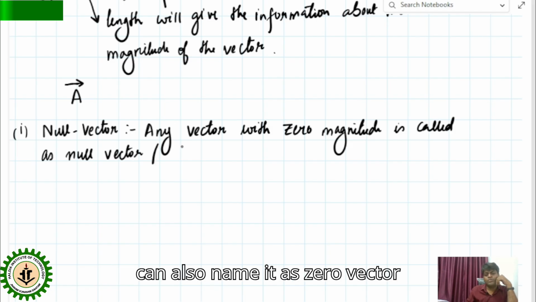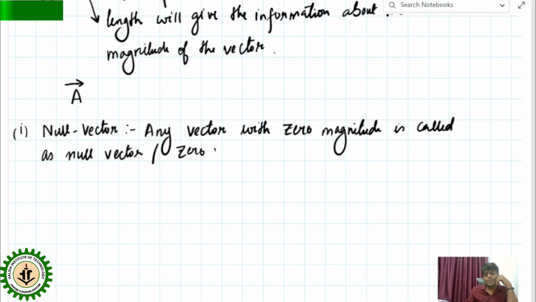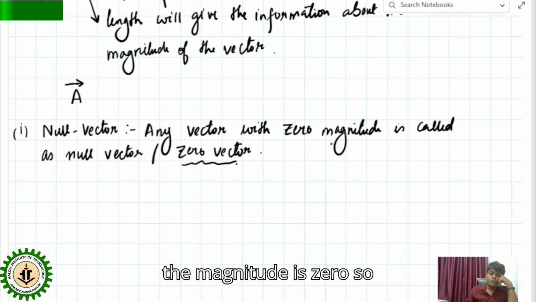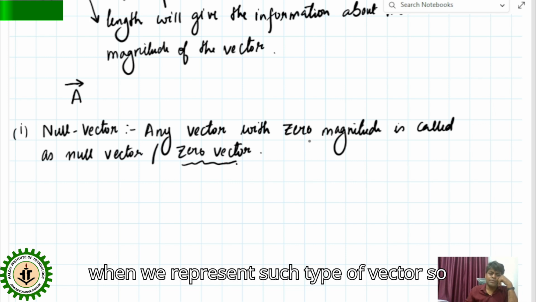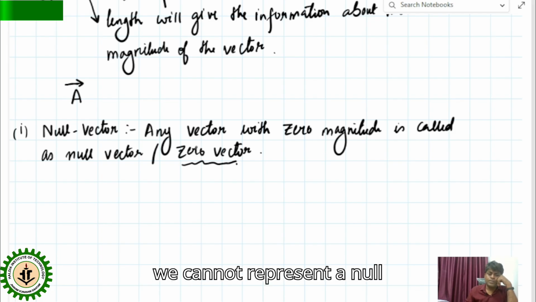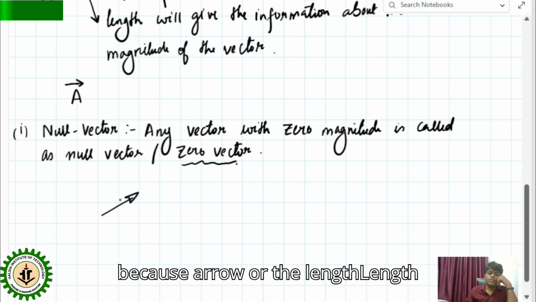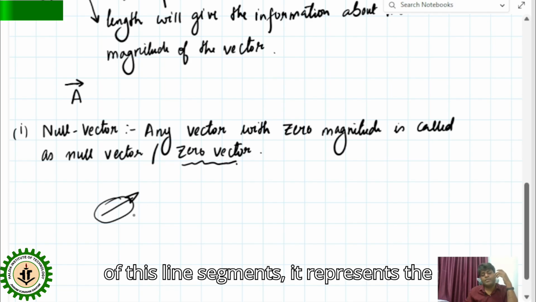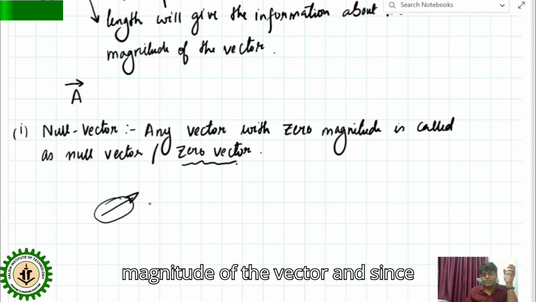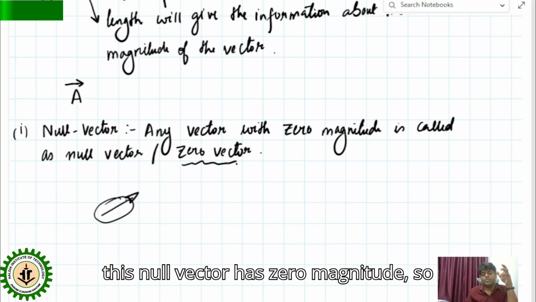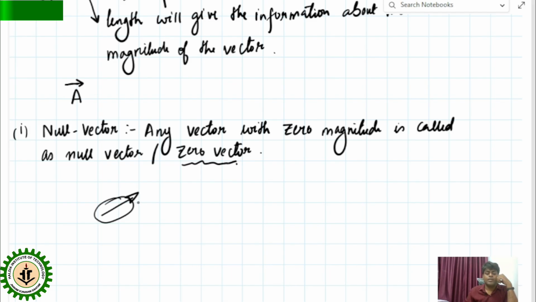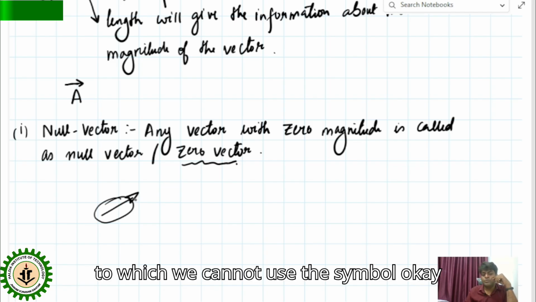We can also name it as zero vector. The name says that the magnitude is zero. So we cannot represent a null vector with an arrow like this, because the length of this line segment represents the magnitude of the vector, and since the null vector has zero magnitude, this is the only vector to which we cannot use this symbol.